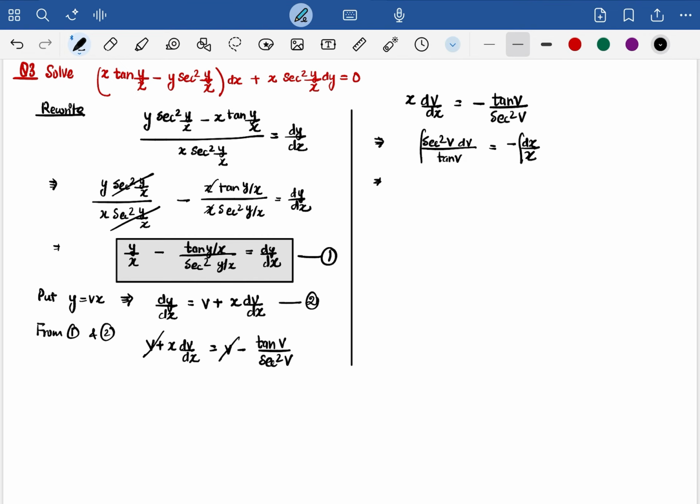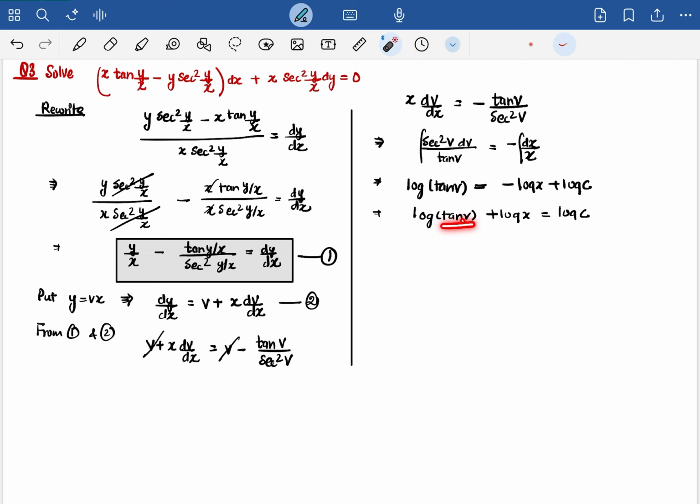Here the differentiation of the denominator lies at the top, so can we say log tan v can be written, and here this is nothing but minus log of x plus log of c. So can we say log of tan v plus log of x is equal to log of c. Again the property that log a plus log b is nothing but log of ab. So can we say tan v into x is equal to c.